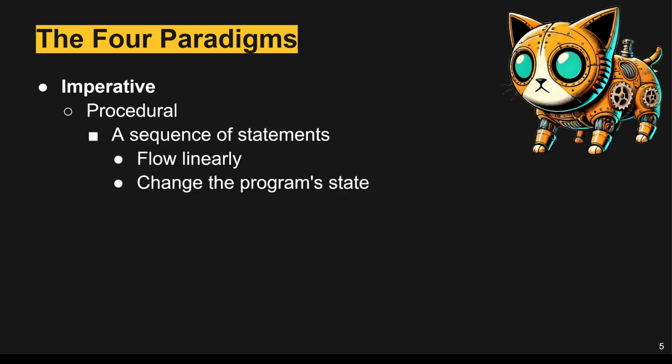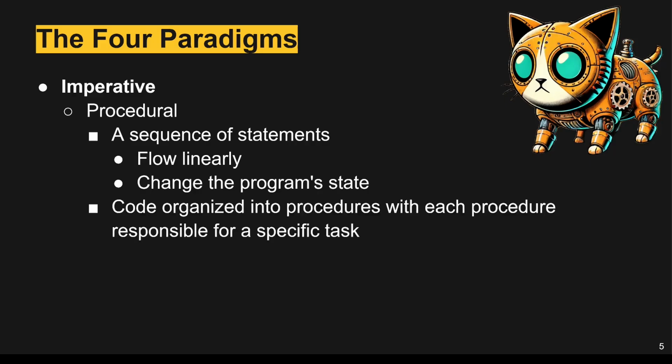And those statements are created in such a way that they're trying to change the program's state. Basically, they're trying to change variables that alter the flow of the program as you work through. And this is all a very abstract way to think about how programming languages approach solving a particular problem.